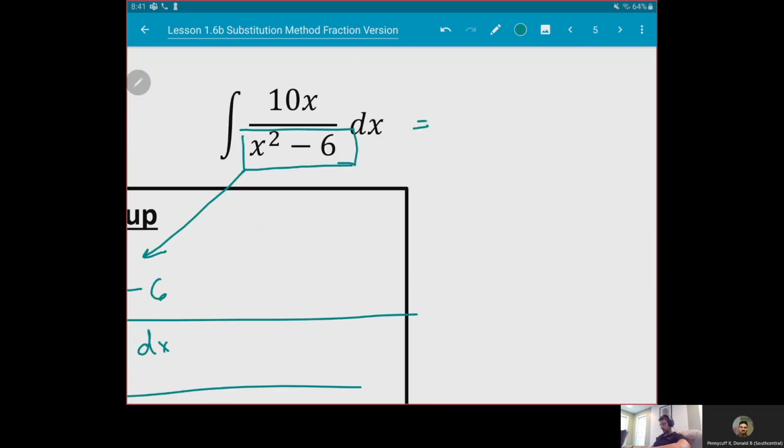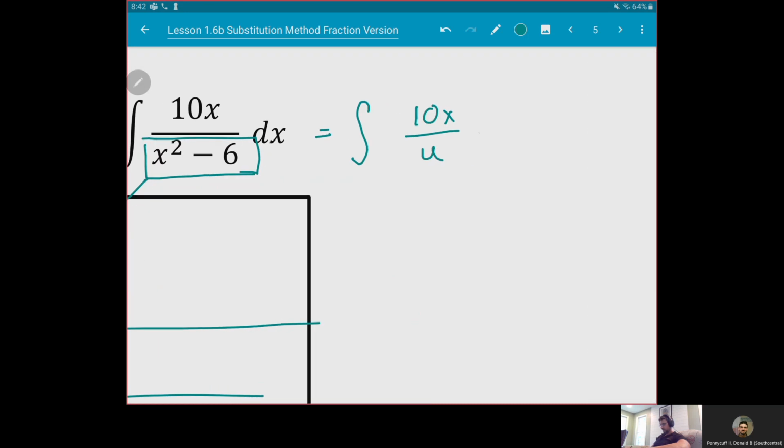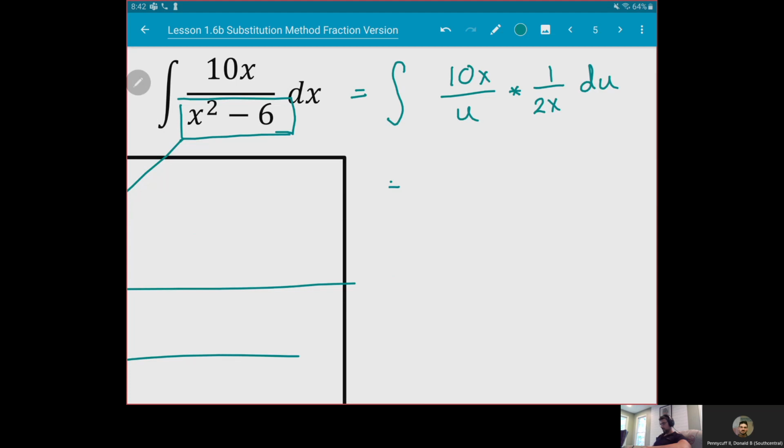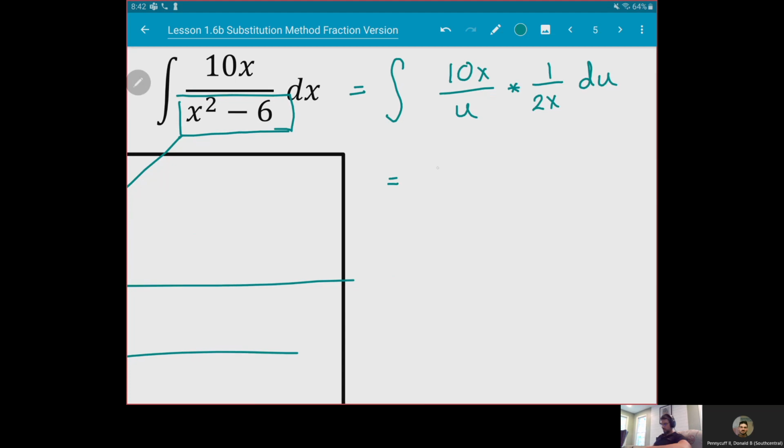And so now I'm ready for the integral of 10x over u times 1 over 2x du. Okay. Now notice how I'm going to always end up with 1 over u. That is a very important integral to know because 1 over u, or 1 over a letter, comes up a lot.